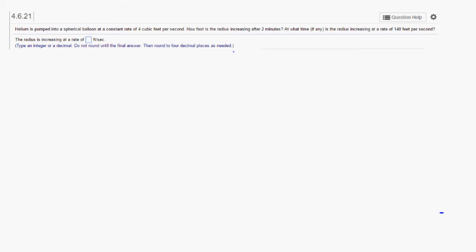Since this is a spherical balloon, we know that the volume formula is 4/3 pi r cubed, right?